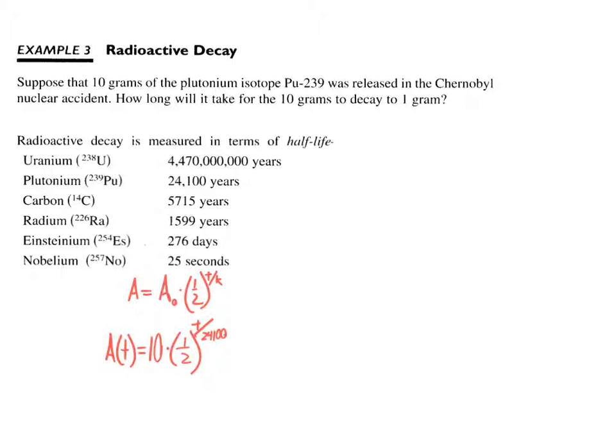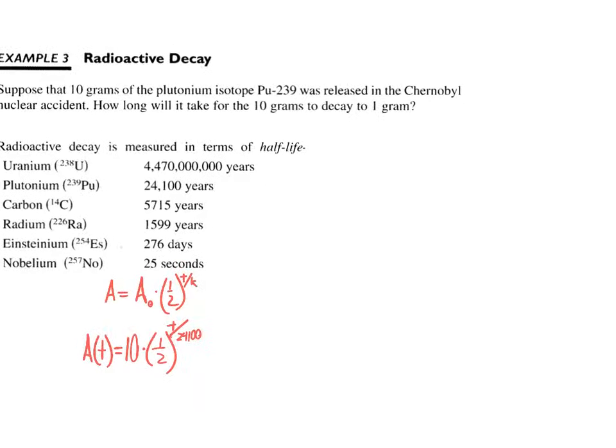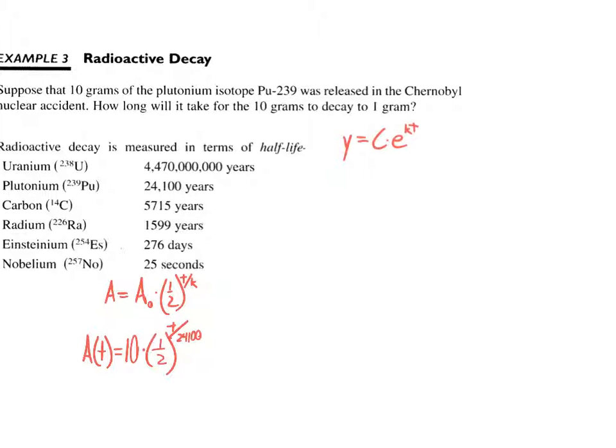But again, that has a base of 1/2 in the exponential portion. We can actually use the model that we were just looking at to figure out an alternative form of this model. If we look at it as y equals c times e to the kt, we know the c is 10, that's our starting amount, 10 e to the kt. We need another point to figure out what k would equal.